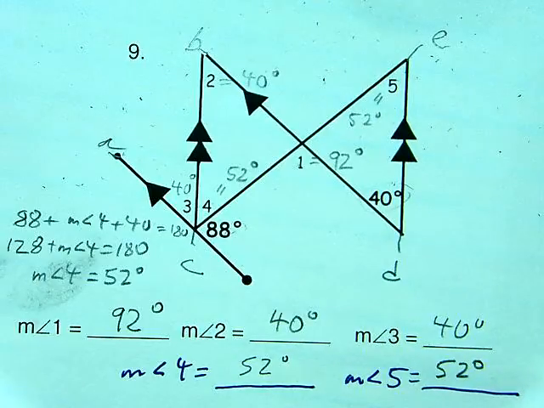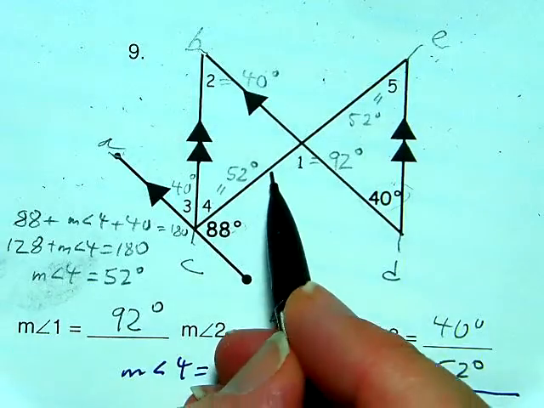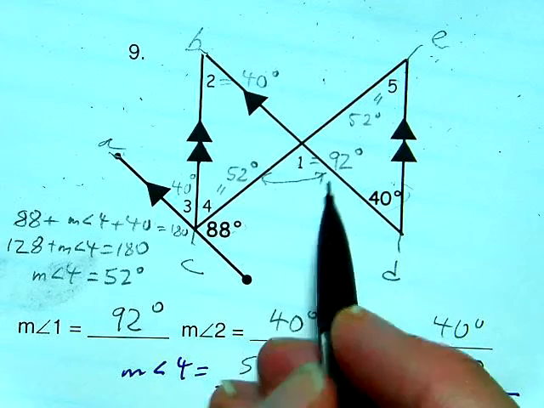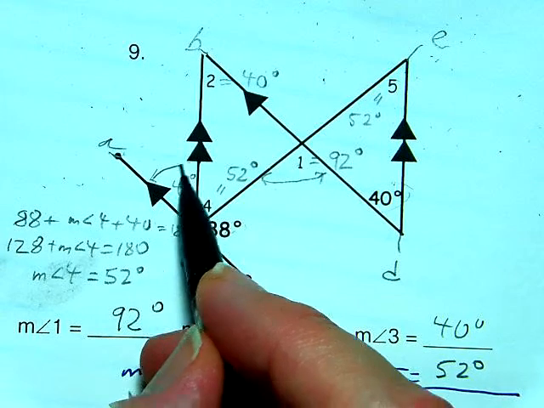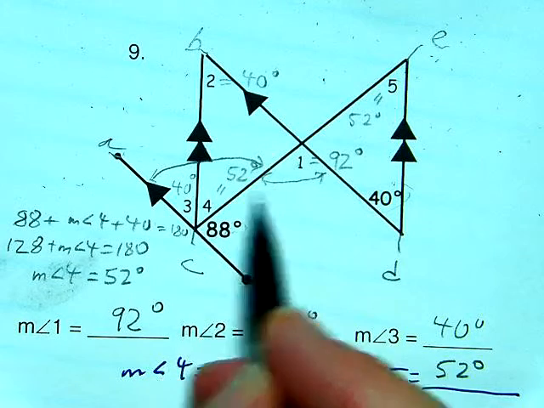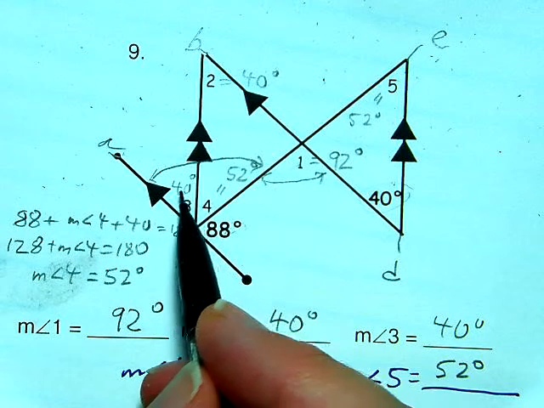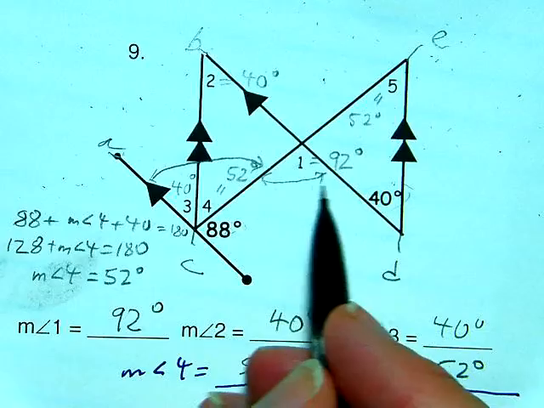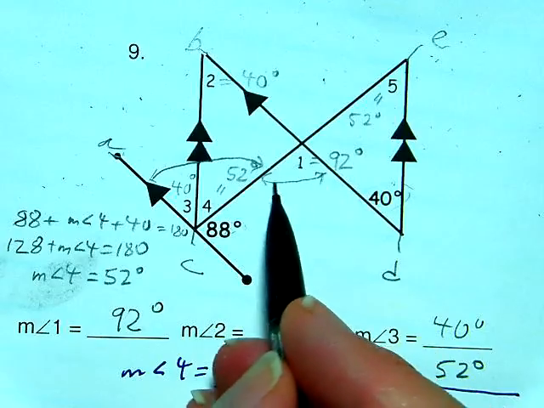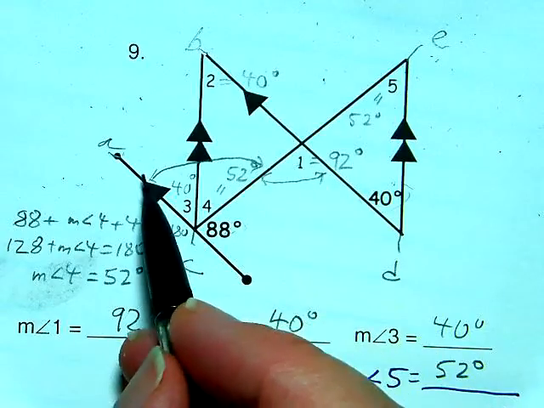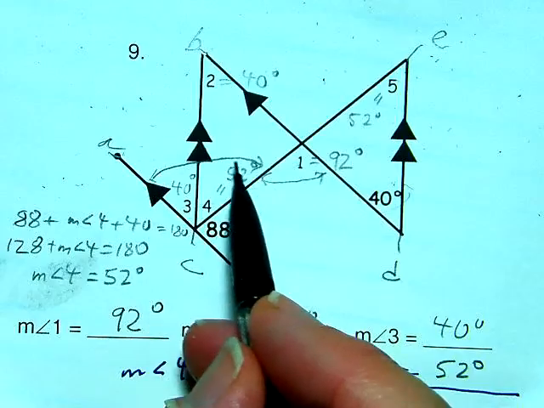And I promised you that we were going to look at some other ways to do this. I want you to notice that this angle here, which is angle 1, and this entire large angle here are alternate interior angles. So 92 degrees here has got to be congruent to the sum of these smaller angles on this side here.